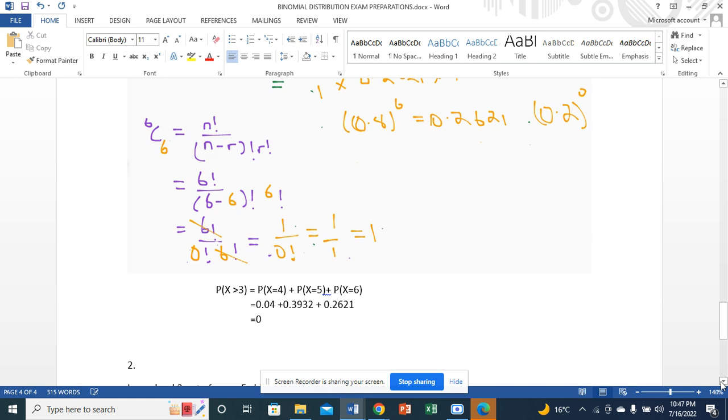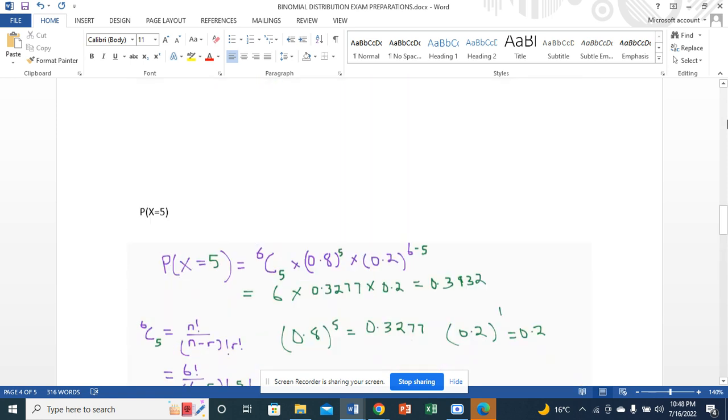So it's 0.6953. So this is the probability that more than half of the marketing strategies are effective, right? Convert it to a percentage, it's 69.53%, which can be rounded off to 70%. Yes.